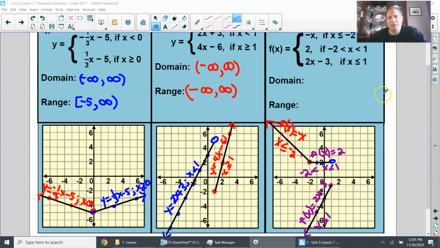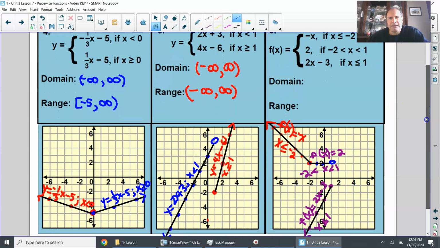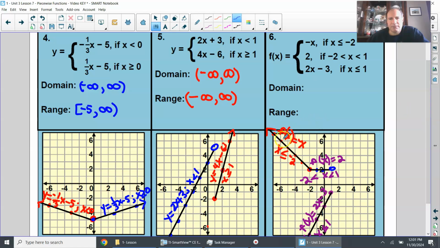Okay, so here's the graph of the final question. f of x equals negative x right here, and that's for x less than or equal to -2, so it goes in that direction forever. Then f of x equals 2 is from -2 to 1, the open circle being on the 1.